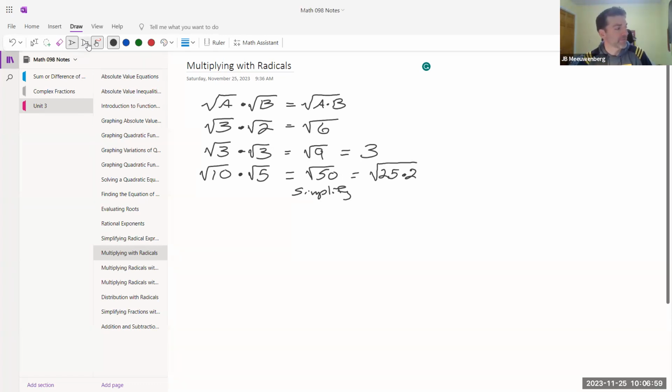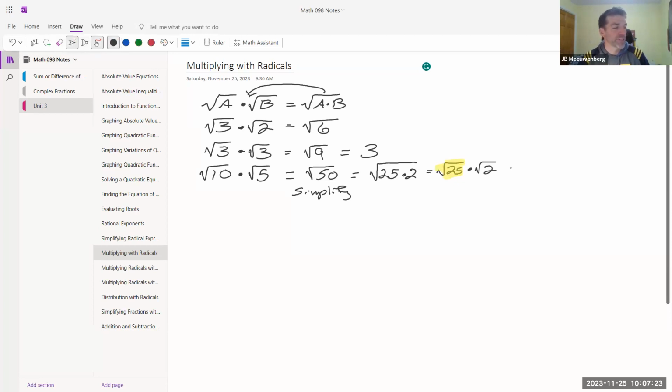Then we can break it apart into two separate radicals, the square root of 25 times the square root of 2, which is basically the opposite of this rule. It's going back the other way. And then we look and say, okay, what can we take the square root of? This one, we know is 5.